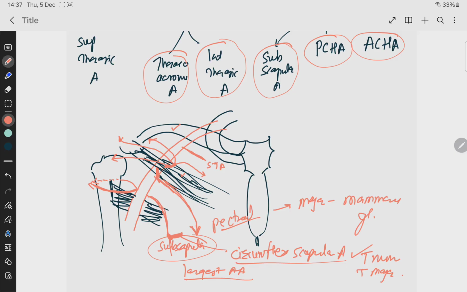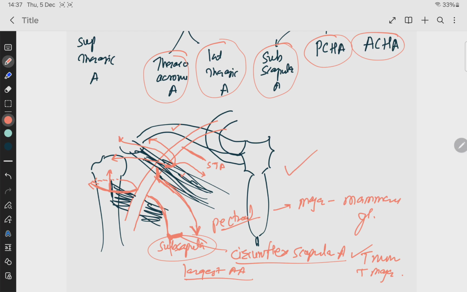These two branches are the branches of the third part of axillary artery. Anterior circumflex humeral artery gives the ascending branch which lies in the bicipital groove. Okay, and the posterior circumflex humeral branch gives the branch which forms the anastomosis around the scapula.